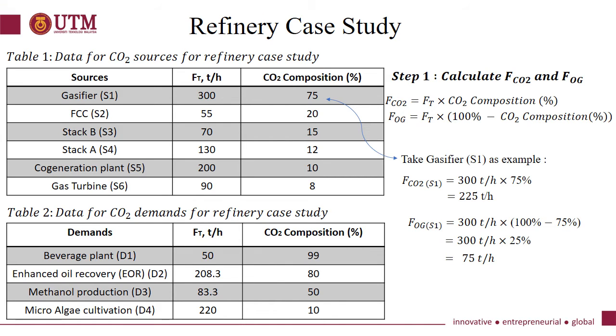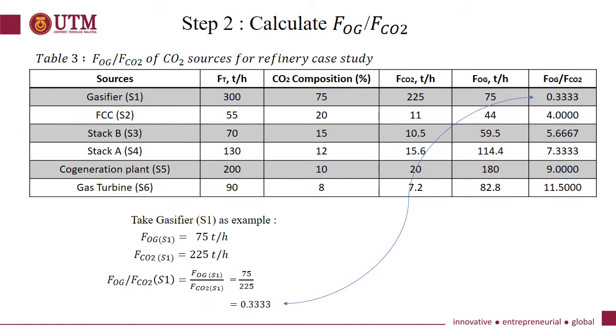After we obtain FCO2 and FOG for all the sources and demands, we proceed to the next step. Now we will calculate the ratio of other gases to the CO2 gas flow rate, FOG over FCO2, by dividing FOG by FCO2. Let's take S1 as an example.